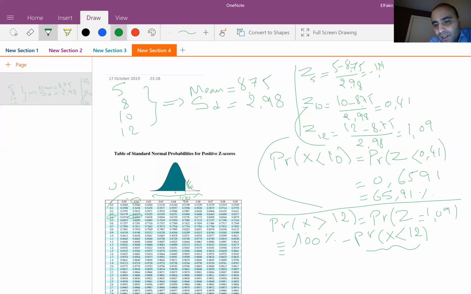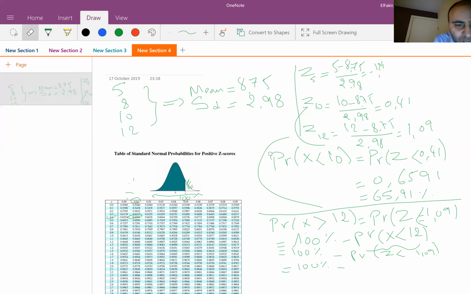Now again, 100% minus, we replace that by the standard values. So Z less than 1.09. And so that's 100% again, minus, what is Z less than 1.09? So we look for 1.09 in the table.